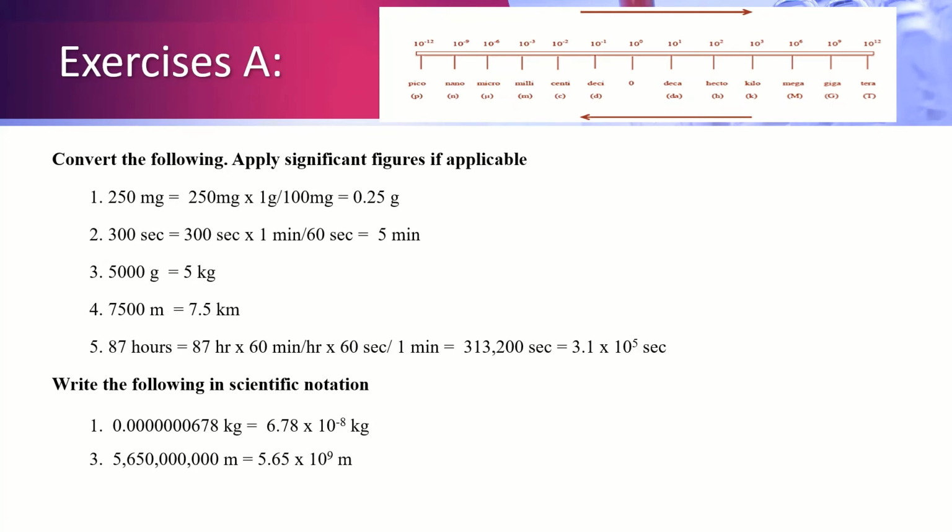Again, there are 7 zeros in this exercise, but unlike number 1, this time the 7 zeros are at the left of the decimal point. So it is a big number, so the exponent should be positive.